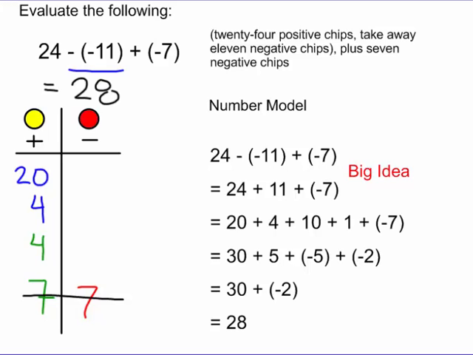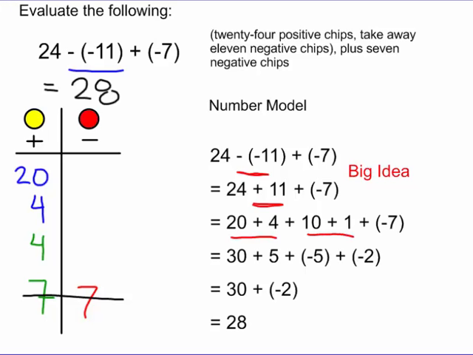And again, I'm going to use my big idea here. I'm going to look at this one right here first. Subtracting a negative is the same as adding a positive. For me, I find it's really useful to take a line and write that down. Otherwise, I tend to make silly mistakes. From there, I'm going to break up the positive numbers into their 10s and 1s, and work with the positive numbers first. So I broke down the 24 into 20 plus a 4, and the 11 into a 10 plus a 1.